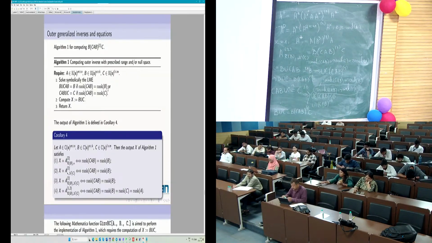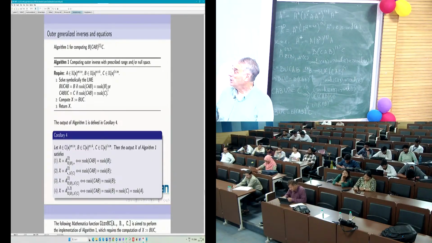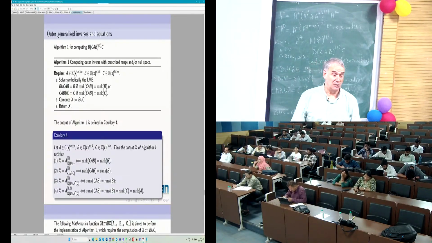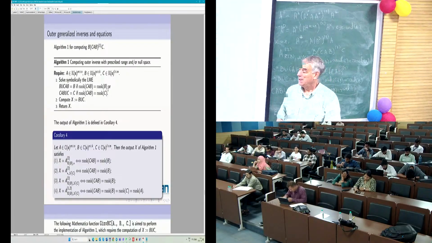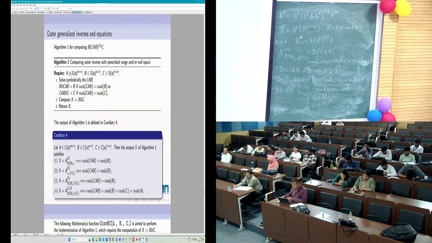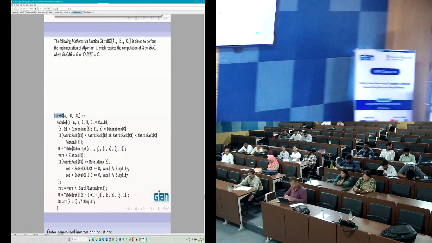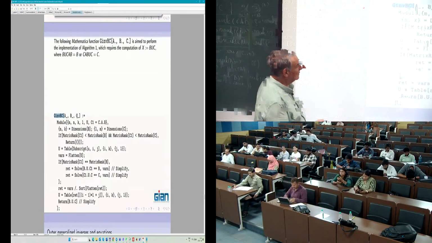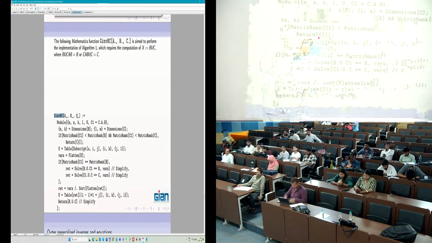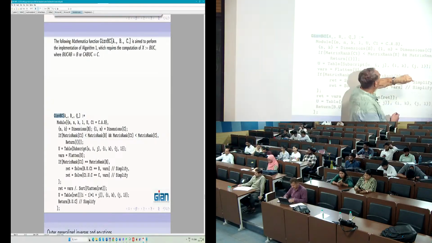Because x is equal to 1 as corollary, the solution of CAB is possible only, and it is given in this form. Otherwise, it is mathematically proven for the matrices A, B, and C.